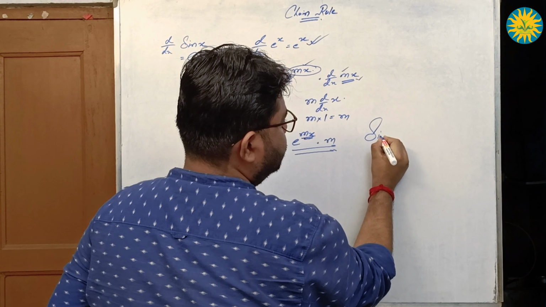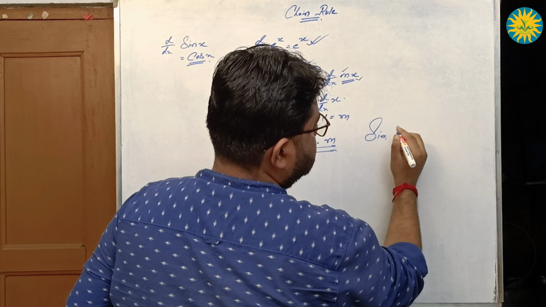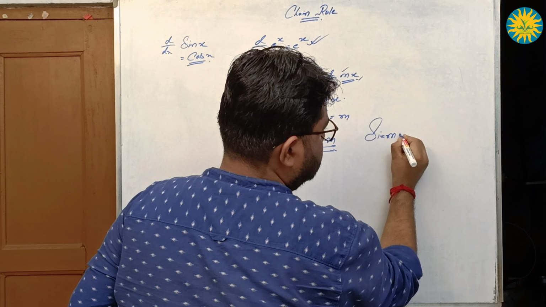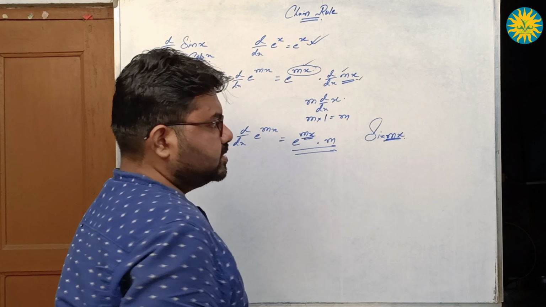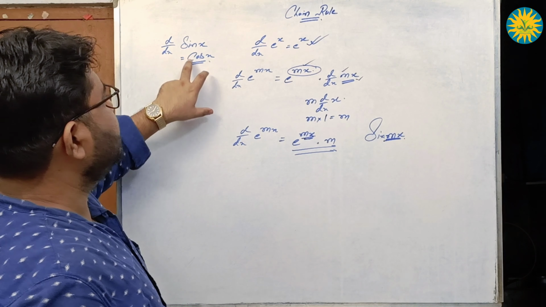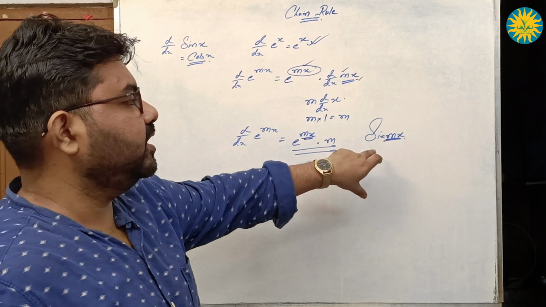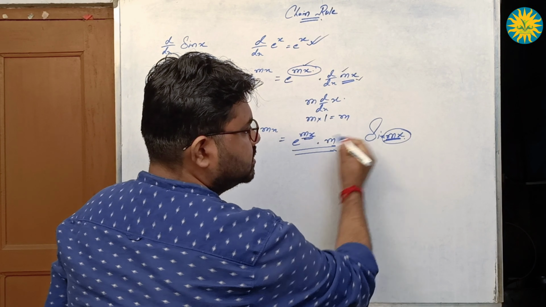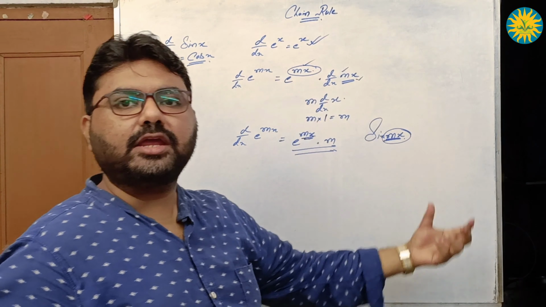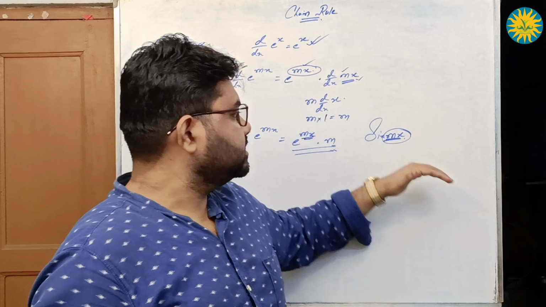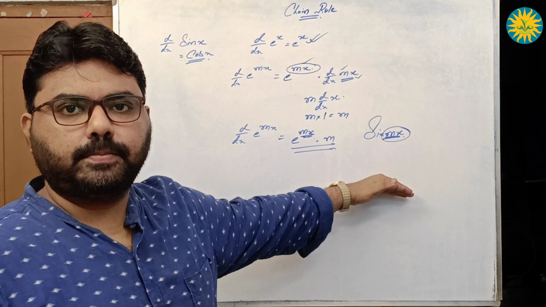Suppose sine of mx. Just see, while differentiating sine x we got the value cos x, but now we are differentiating sine mx, which is not only x, something is multiplied with x.